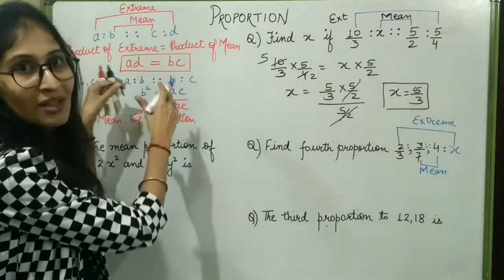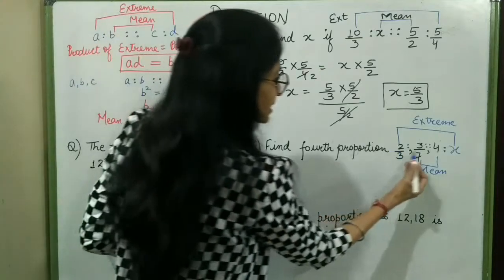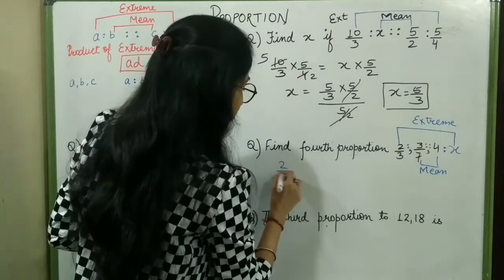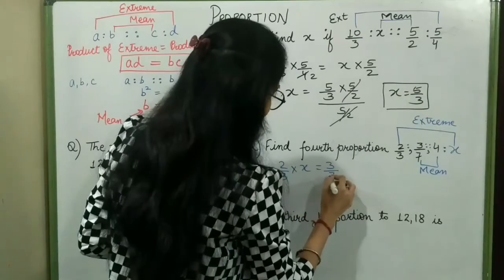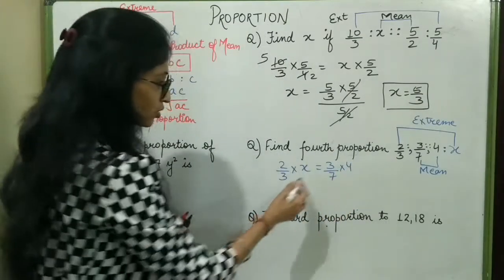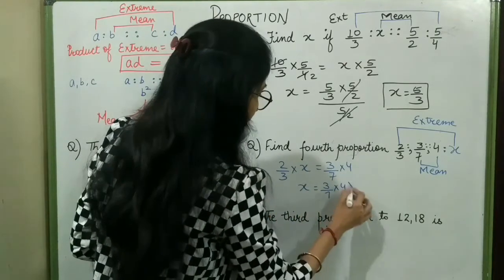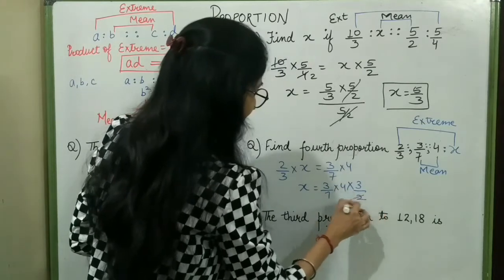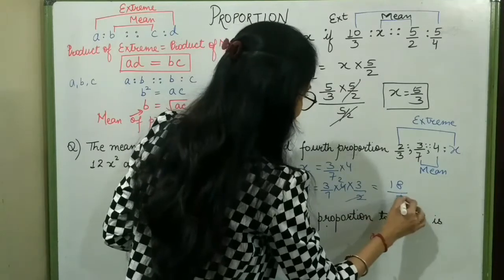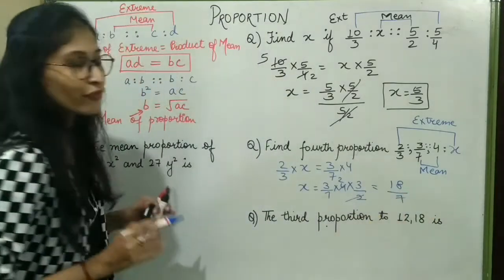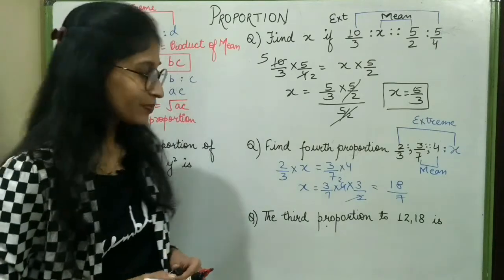Again the same rule, product of extremes should be equal to product of means. So 2 by 3 into x equals 3 by 7 into 4. So the value of x here will be 3 upon 7 into 4 into 3 upon 2. It will become 18 by 7. So the fourth proportion here is 18 upon 7.